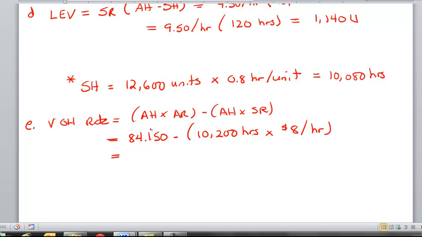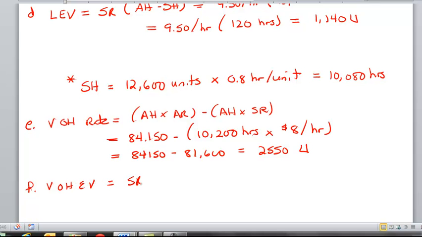So doing that, we get 84,150 minus, when we multiply this out, 81,600. We get a positive 2,550, which is unfavorable. The last variance is the variable overhead efficiency variance.